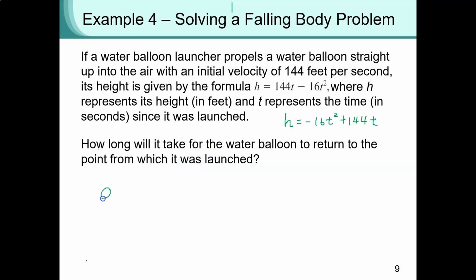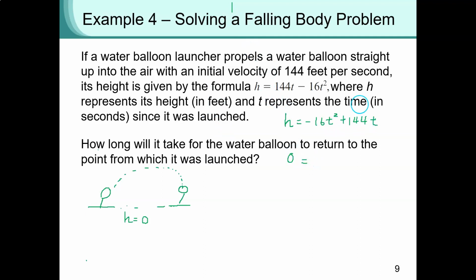So this is the initial position, and when the balloon is released, how long will it take the balloon to get back to the same position. That means the distance between these two locations is 0. The height is 0. So we let the height equal 0.